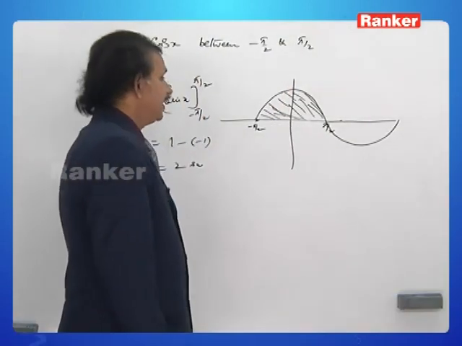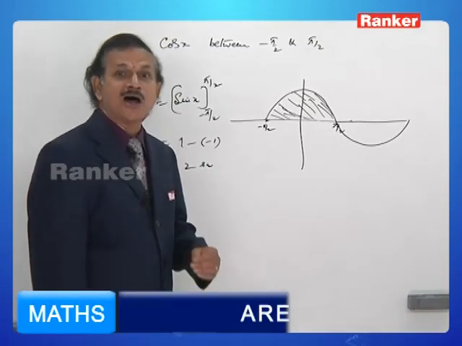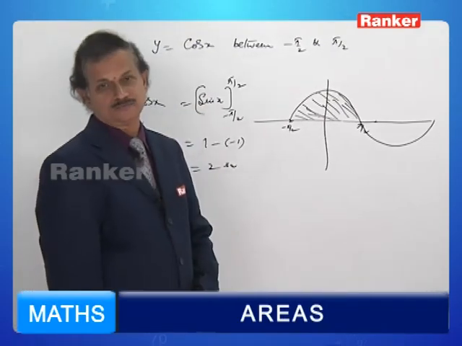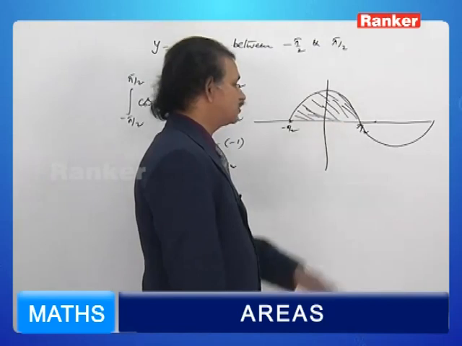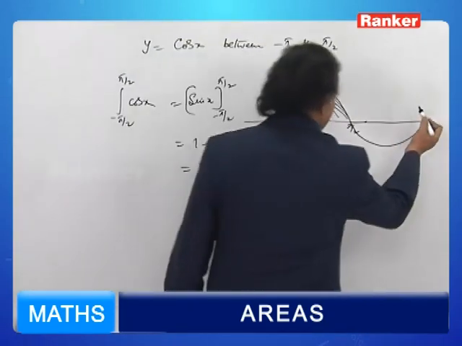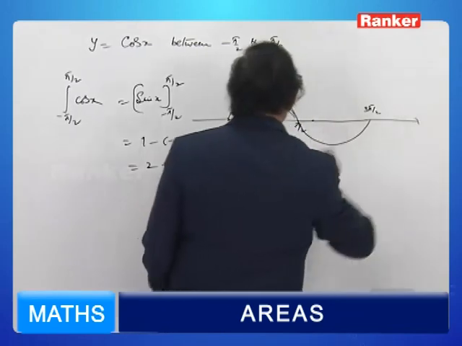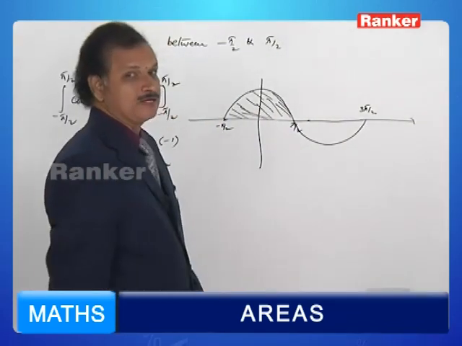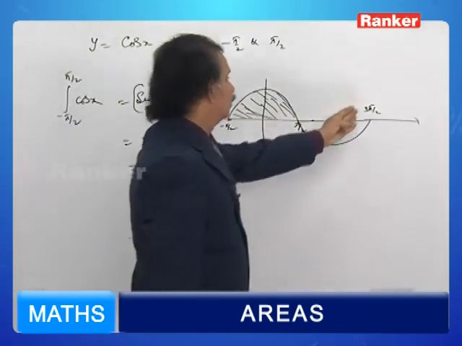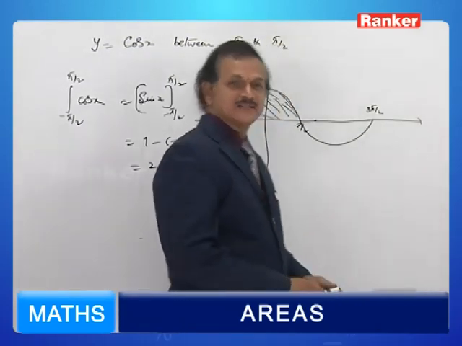And here, between any two successive odd multiples of pi by 2, minus pi by 2 to plus pi by 2, pi by 2 to 3 pi by 2, 3 pi by 2 to 5 pi by 2, 5 pi by 2 to 7 pi by 2, like that, 2, 2, 2, 2, 2.